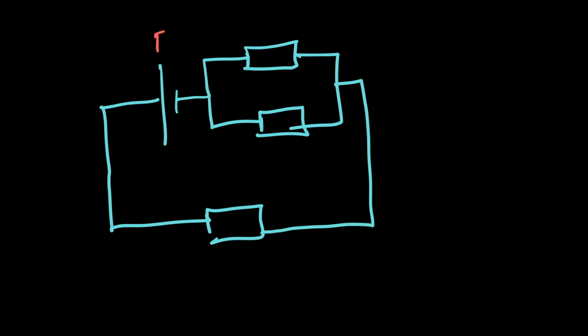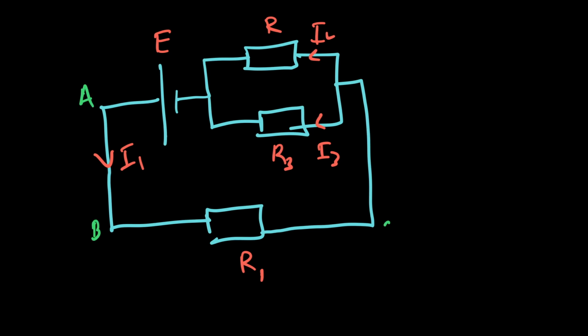Let's say the cell's EMF is E. Let's say this is I1, this is R1. Let's call this as I2, this is R2, this is I3, R3, and let's label the edges A, B, C, D, E, F, G, H.